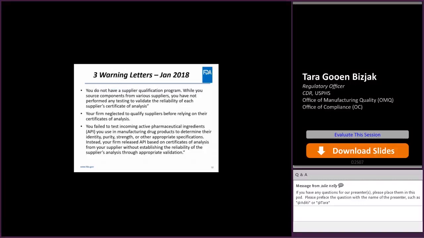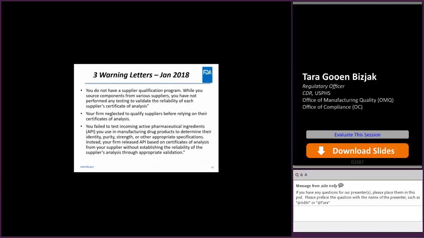And then here's another example, and this has been cited in more recent warning letters, but I like using this just because there were 3 warning letters in January 2018 alone that cited the exact same thing, where you do not have a supplier qualification program. While you source components from various suppliers, you have not performed any testing to validate the reliability of each supplier's certificate of analysis.